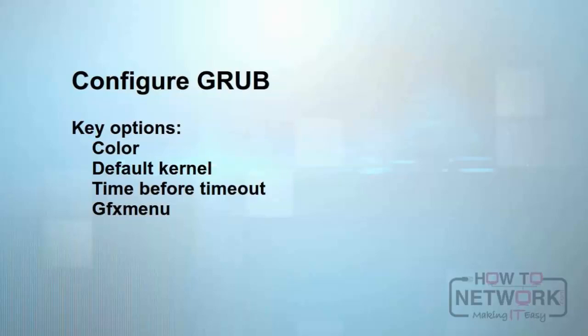The timeout you can configure, that is how long the menu will show up if you don't enter any particular preference. 5 seconds, 10 seconds. And the GFX menu, so that's the graphic menu that can accompany GRUB. These are variables that you have the option of editing while you're in these configuration files.